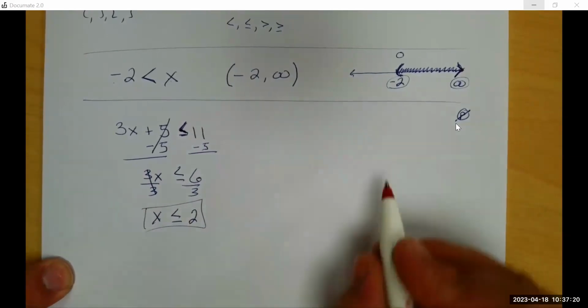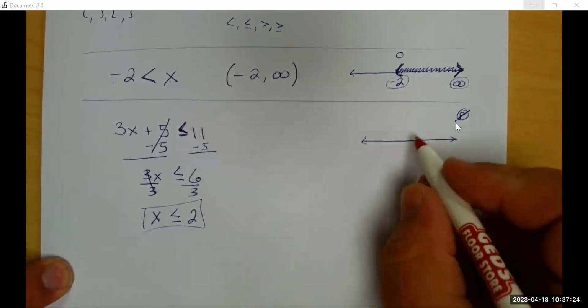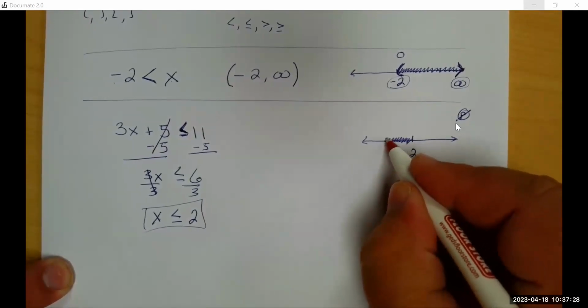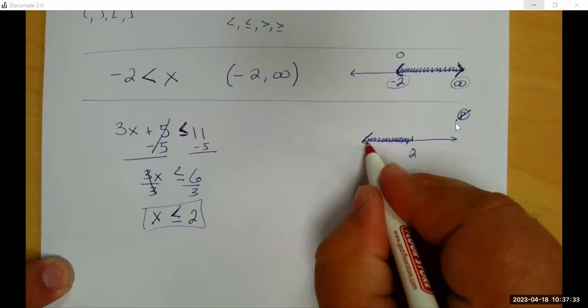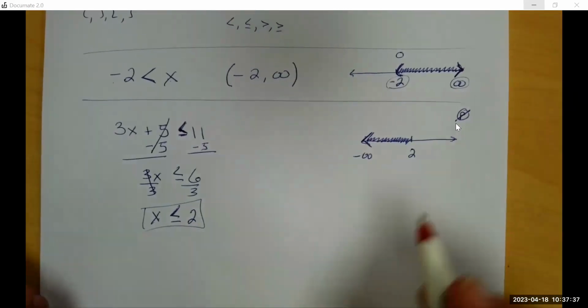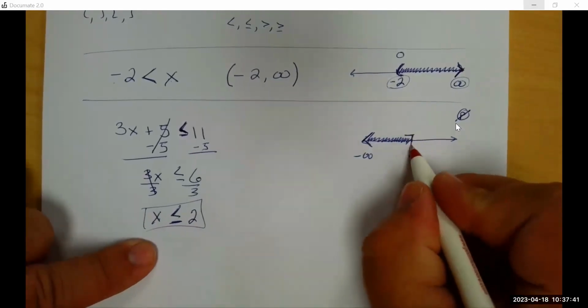So look at the graph of this. Here's the number 2. x is less than, because the arrow is going to the left. Since it's equal to, I have a bracket there.